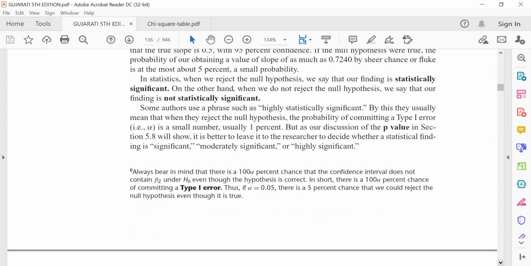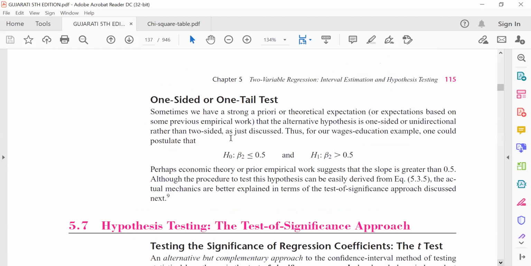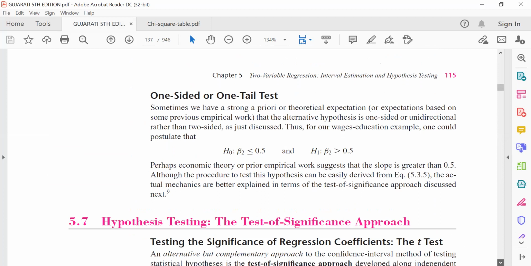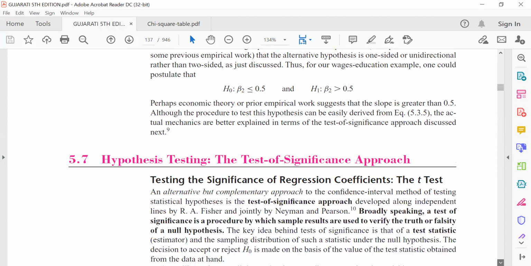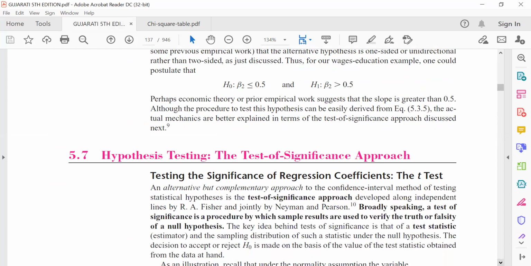Okay, one-sided or one-tailed test. If we set here the null hypothesis is less than, the alternative hypothesis should be greater than, the opposite of the null hypothesis. I explained already in the beginning of our class, we have two hypothesis testings.